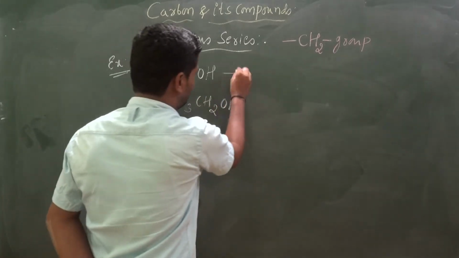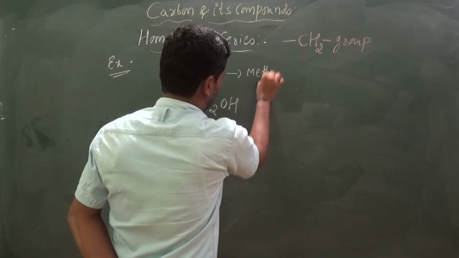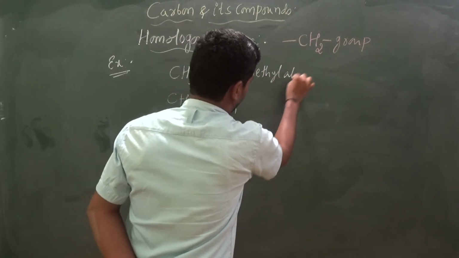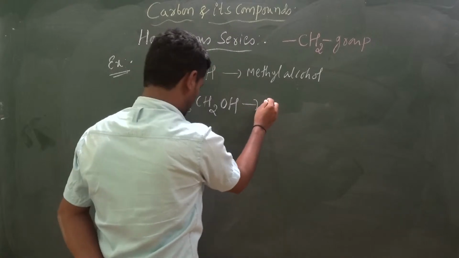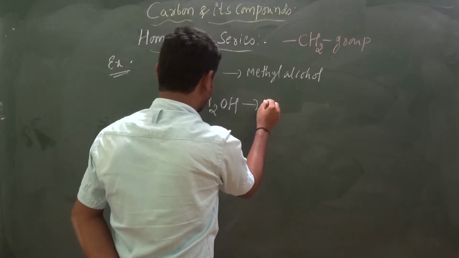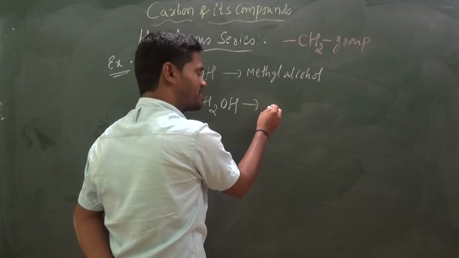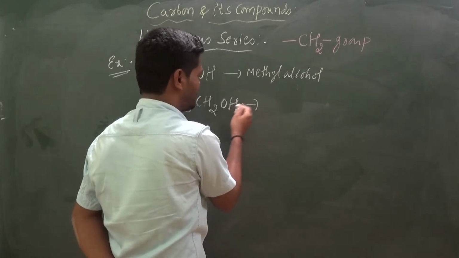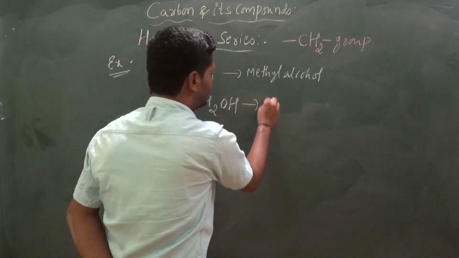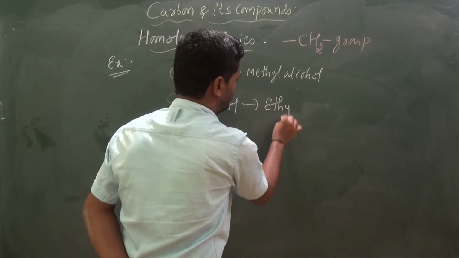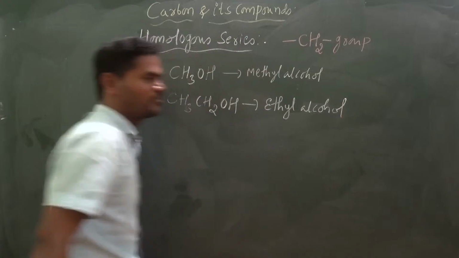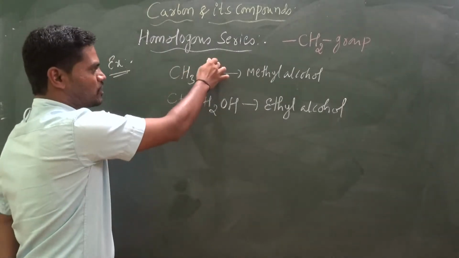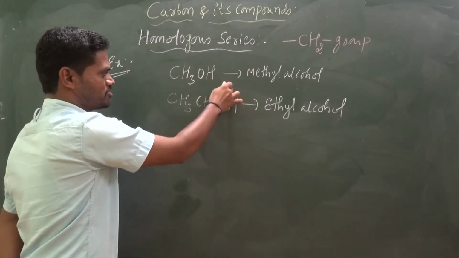CH3OH is the methyl alcohol, and CH3CH2OH, or C2H5OH also, we can call it, ethyl alcohol. So this one belongs to the alcohol group, no? So this also belongs to the alcohol group.